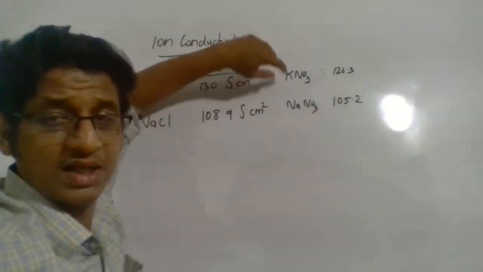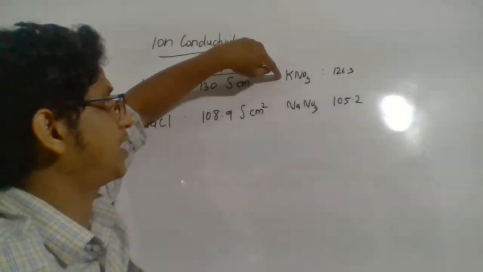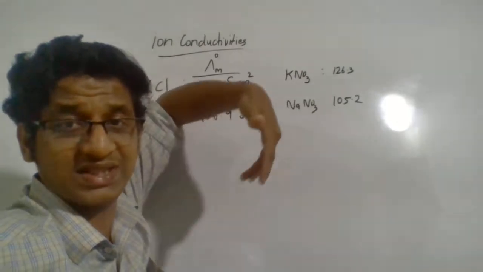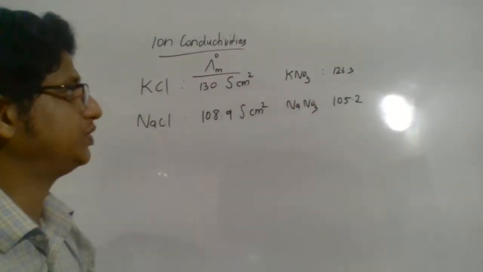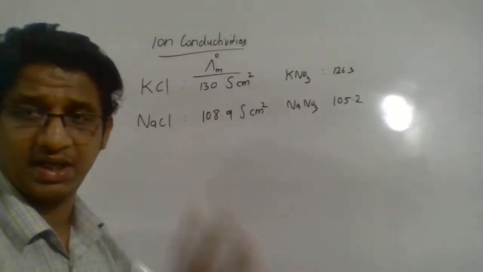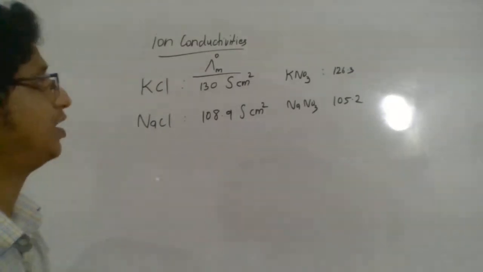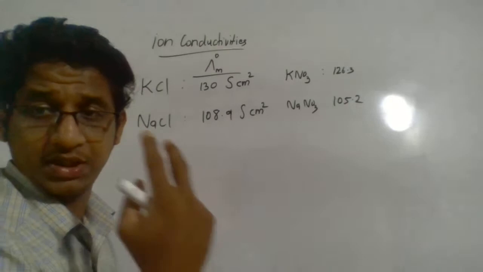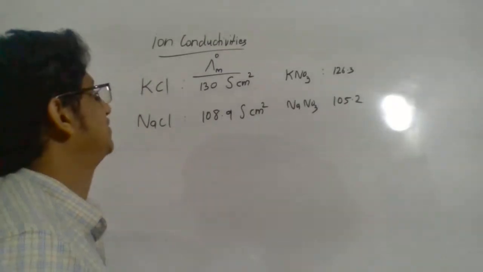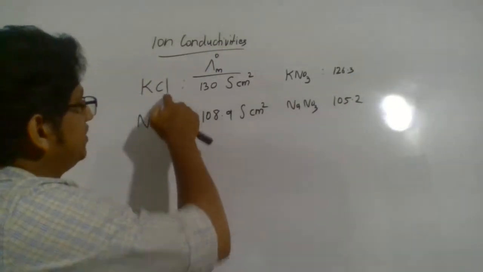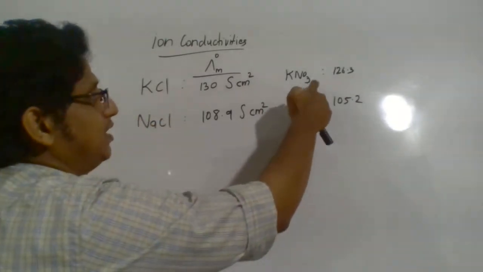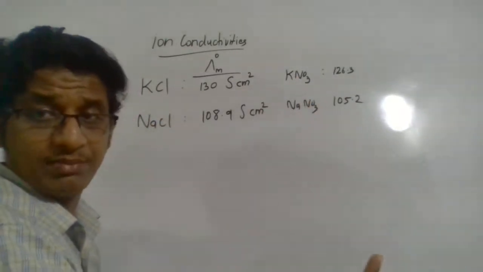Similarly here again, cation is potassium and sodium, but the anion is changed, this time nitrate. So you can get a real idea about how much cations like potassium and sodium contribute to the molar conductivity. Here anion is same and cation is K plus and Na plus. Here anion is same, that is NO3 minus.